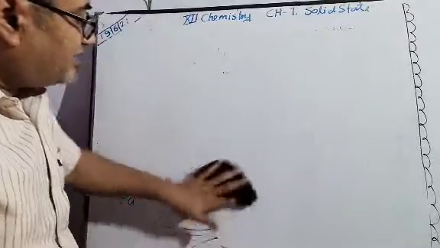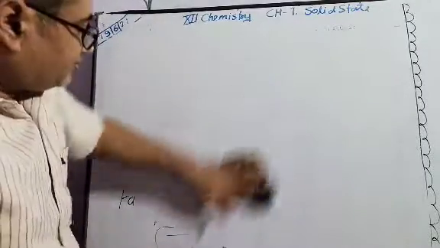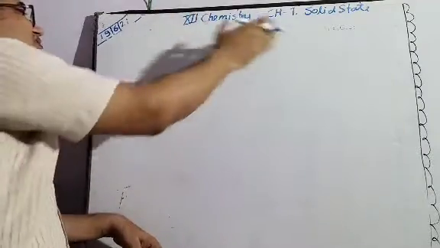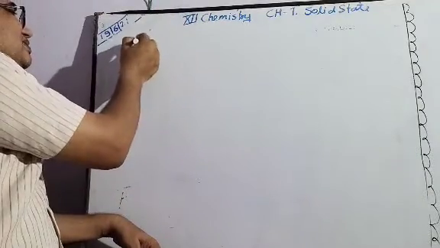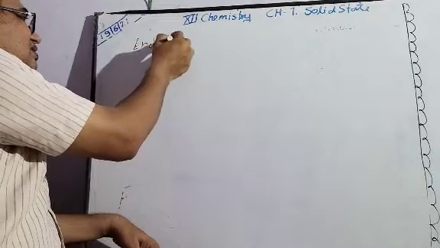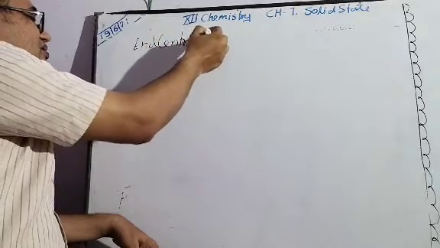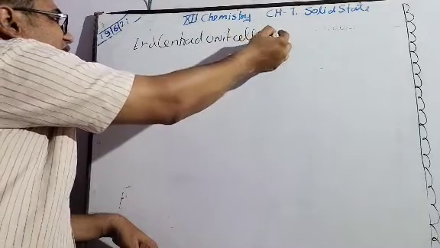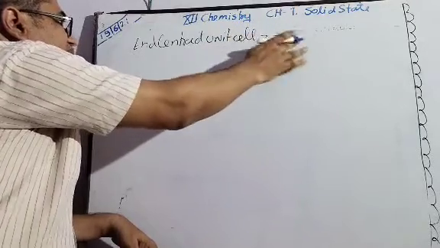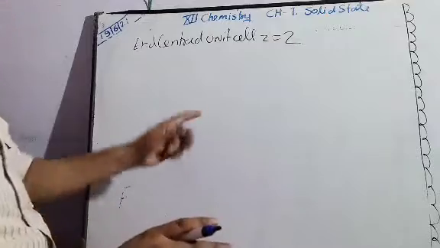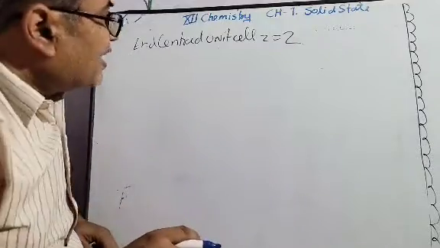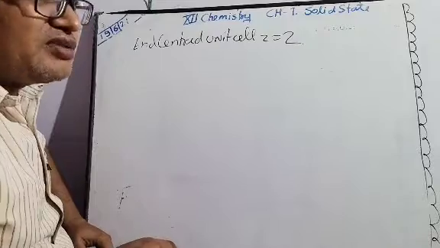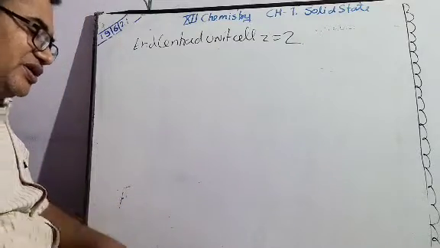That is also very important, because it also contains only 2 atoms. For the end centered unit cell, Z equals 1 atom for the corners and 1 atom from half of the atoms at the end centers, so it becomes 2 atoms.